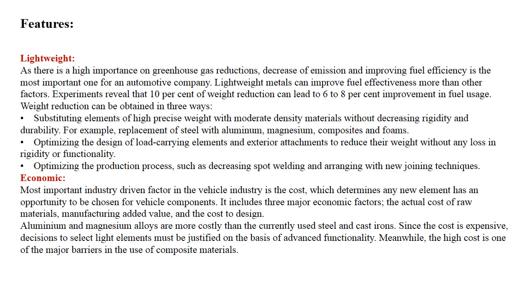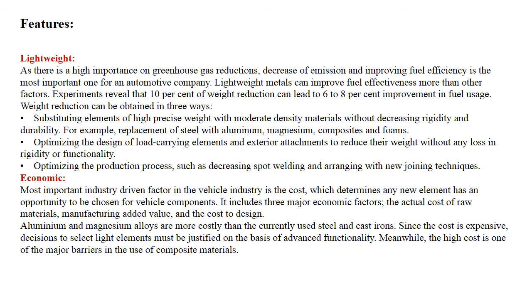Another feature is economic. So the most important industry driven factor in the vehicle industry is the cost, which determines any new element has an opportunity to be chosen for vehicle components. It includes the three major economic factors: the actual cost of raw material, manufacturing added value, and the cost to design. So aluminum and magnesium alloys are more costly than the currently used steel and cast irons.